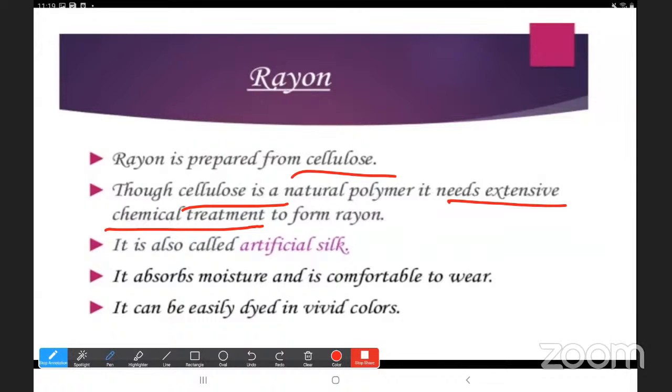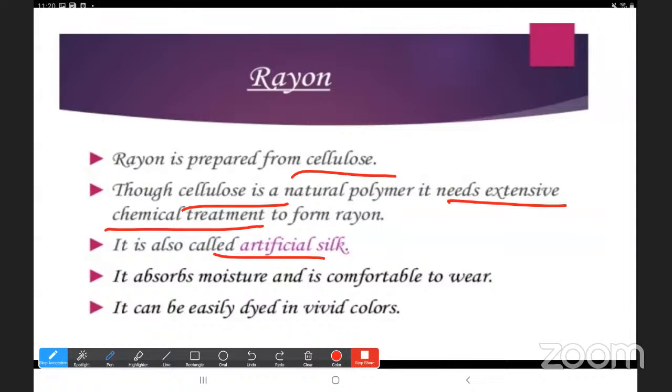So to this natural polymer, we give chemical treatment by adding some chemicals, and it forms rayon. So it is also called artificial silk.